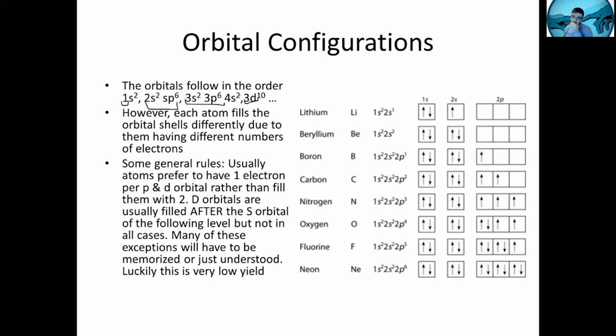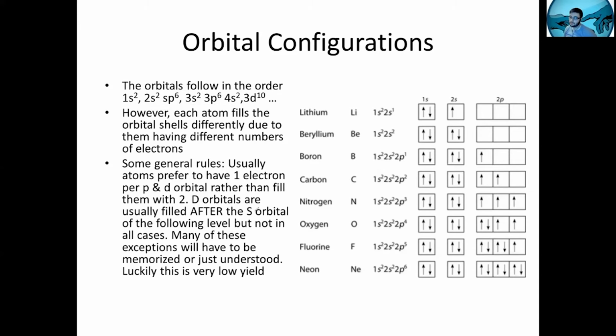It varies again. This is something that you would have to look at case by case, but if you really don't know, and it comes up on test day, which is rare, I think it's a safer bet to say that 4s gets filled up before 3d.